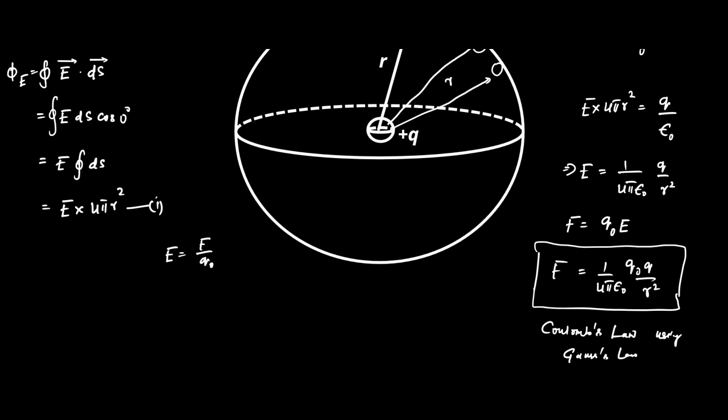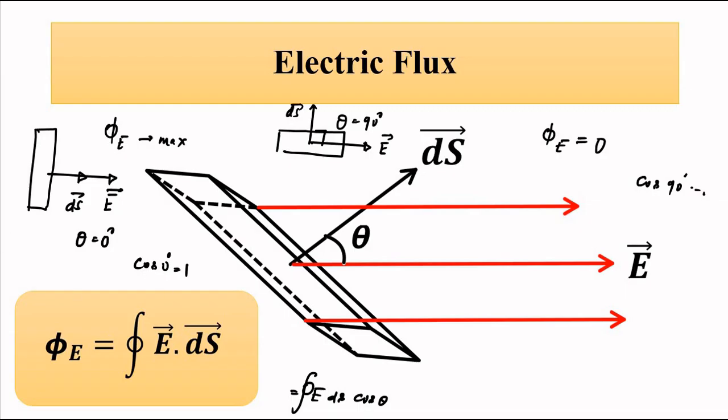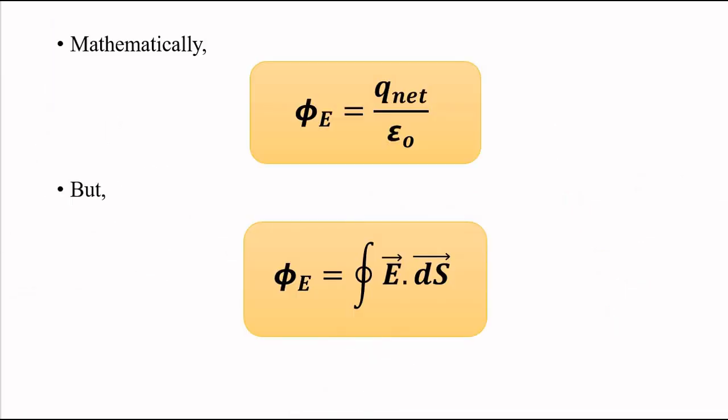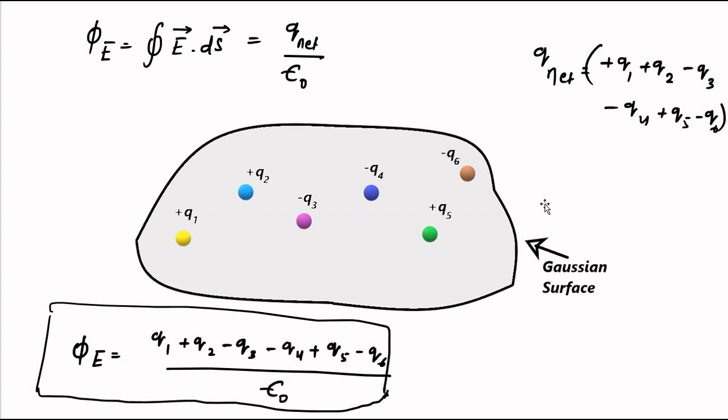So here we have discussed Gauss law and all the other related things, that is how to derive Coulomb's law from Gauss law and how to theoretically, mathematically prove the statement of Gauss law. Always remember, this is the general statement of Gauss law. If we have any random shape Gaussian surface, you can take any shape, and we have a number of charges, we have to take into consideration their sign.